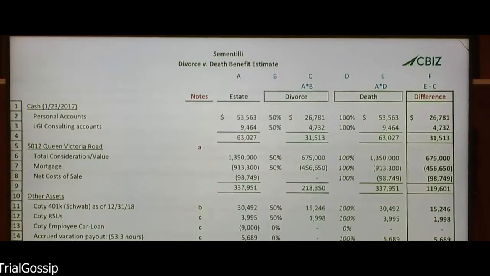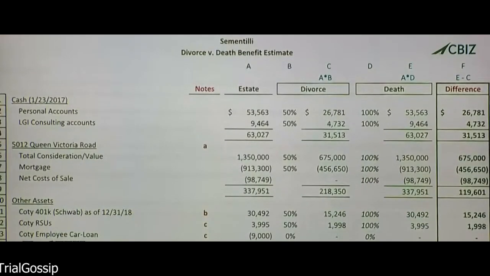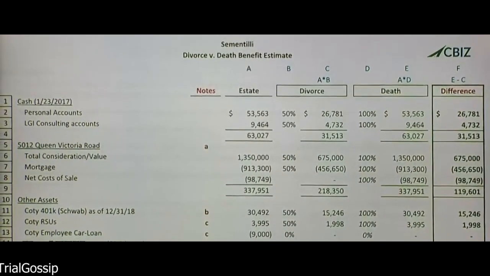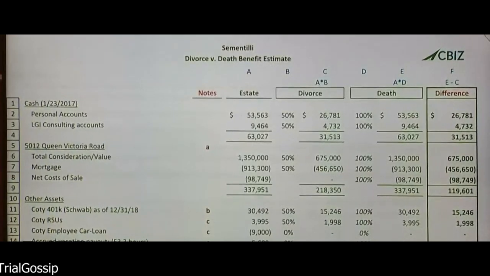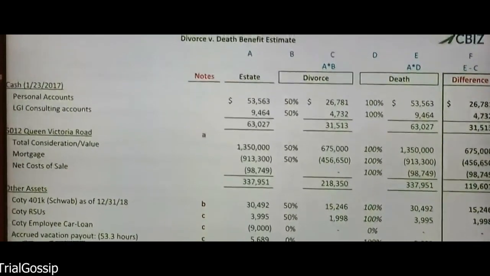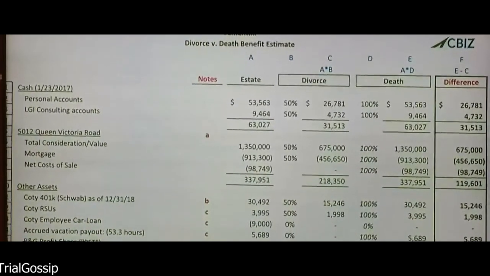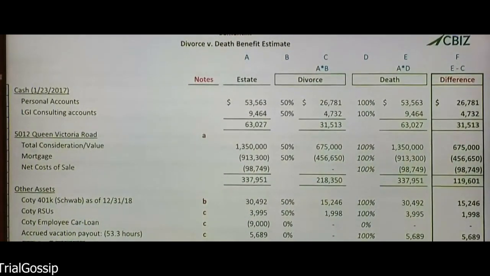That's correct. And at the time of his death, there were no designations on the account any other way, and the accounts were joint accounts, except for actually the LGI account was in Ms. Sementilli's name. At least from the statements, that's how it appears. So those accounts went 100% to her upon death.